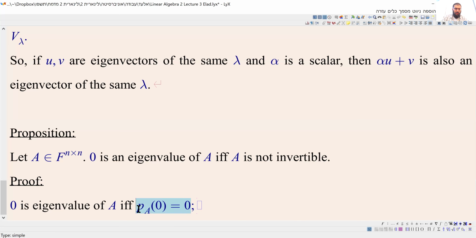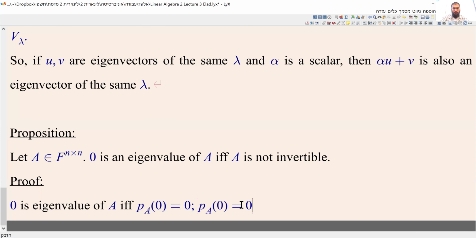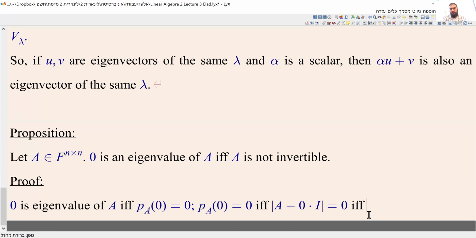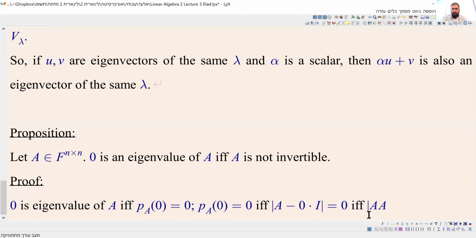The characteristic polynomial is 0, by the definition of the characteristic polynomial, if and only if the determinant of lambda I minus A is 0. And that's right if the determinant of A itself is 0.